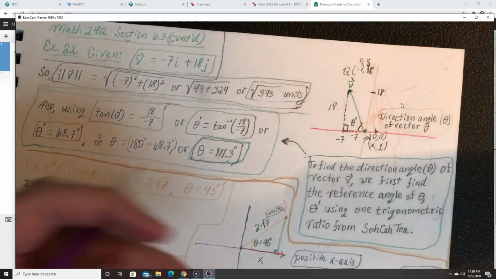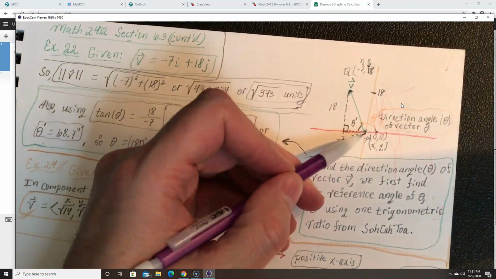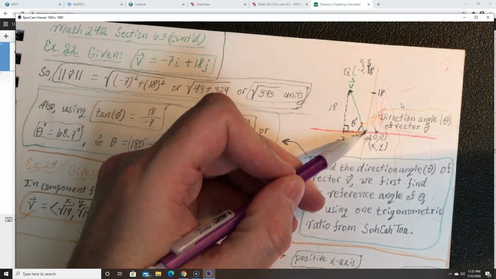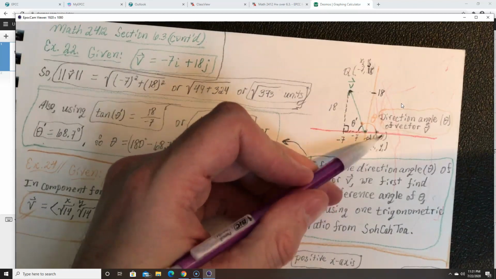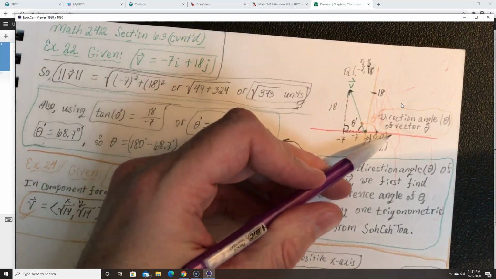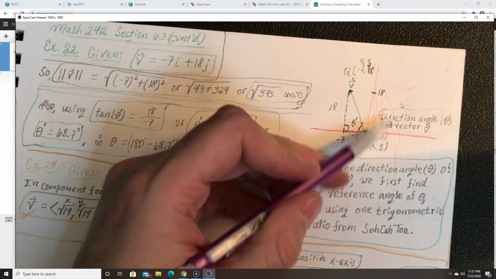It's been a while, although I guess it really hasn't. Anyway, arctangent or tangent inverse is going to give you an angle either backwards into quadrant 4 or forward into quadrant 1. Because we have a negative tangent ratio, it gave us an angle in quadrant 4, not in quadrant 1.